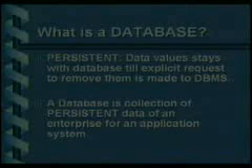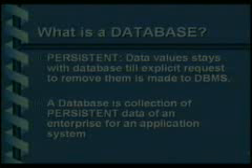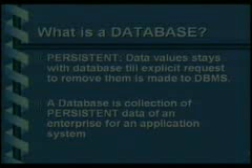Persistence means data values stay with the database until an explicit request to remove them is made to the database. And a database is a collection of persistent data of an enterprise for an application system.